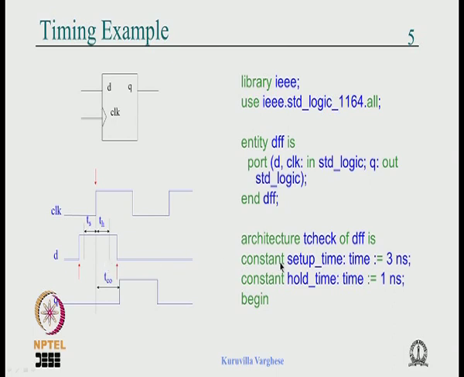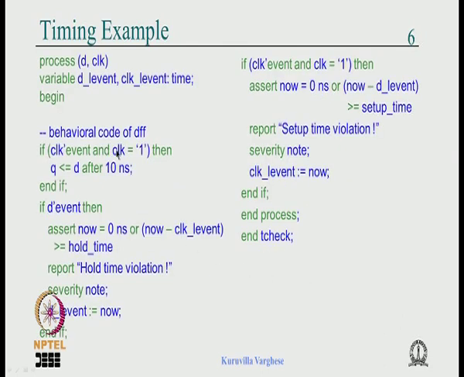So we have the entity here, and we define two constants, setup time and hold time, kept conveniently in one place so that you can modify them in one shot. We have a process with both D and the clock in the sensitivity list, which is required because we have to catch the event on D, and this is the behavioral code. This is the main code which checks for the hold time violation.